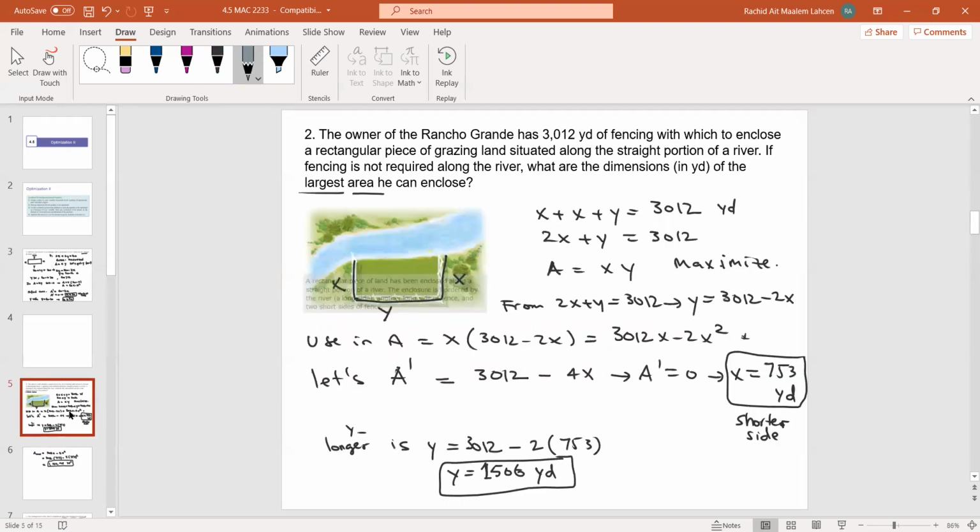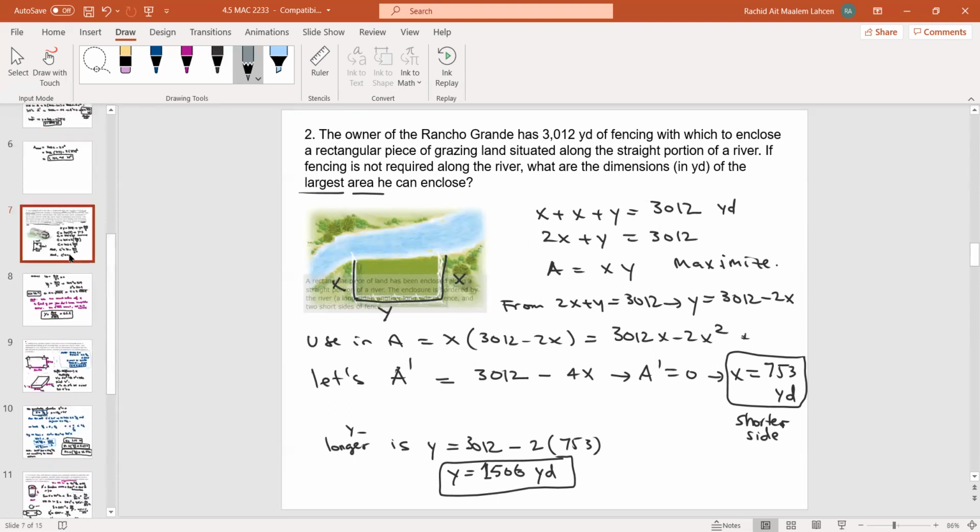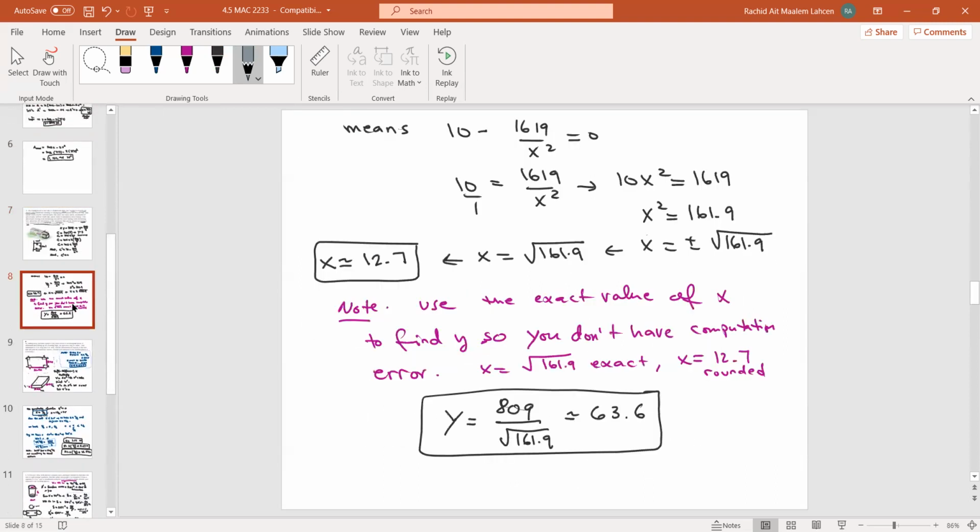In some occasions, you're getting the answers directly, right? And in some occasions, like here, we're getting 2 answers, but we reject the negative, because X cannot be negative, right?